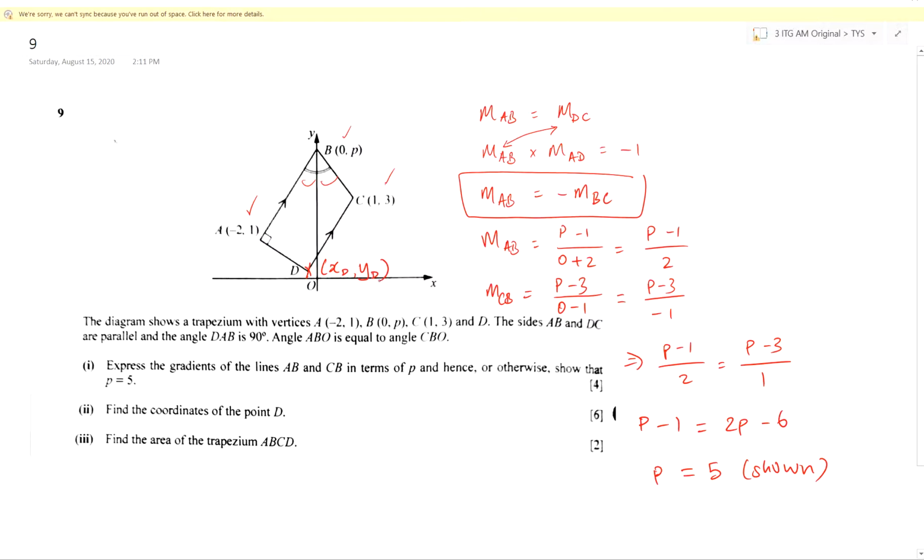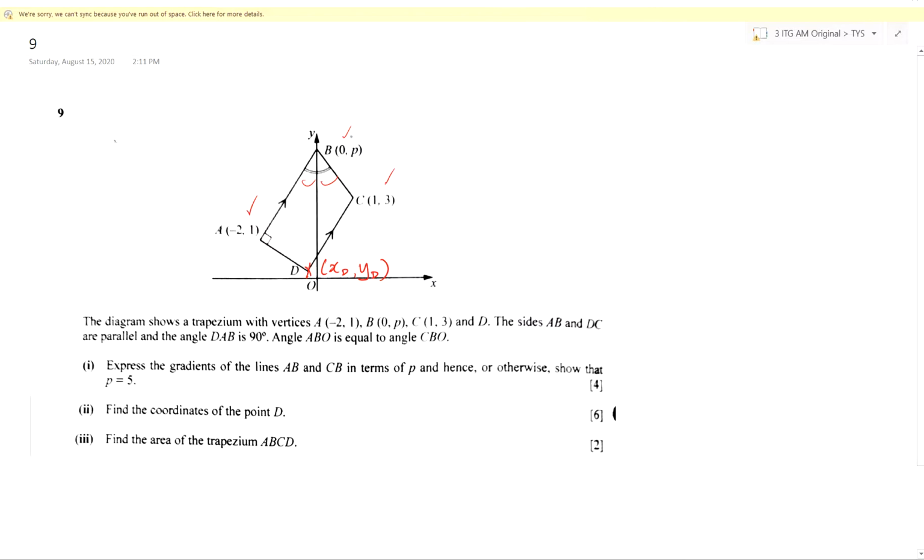Now we need to find the equation of AD as well as the equation of CD, such that when we solve them simultaneously, we will be able to find the coordinates of D. So early on, since we found that P has a value of 5, we can get the gradient of AB.